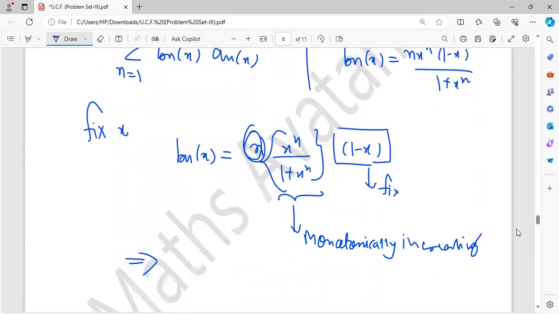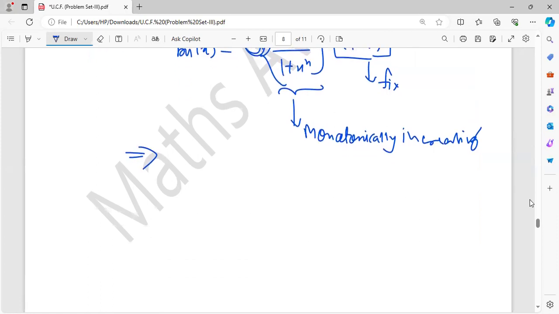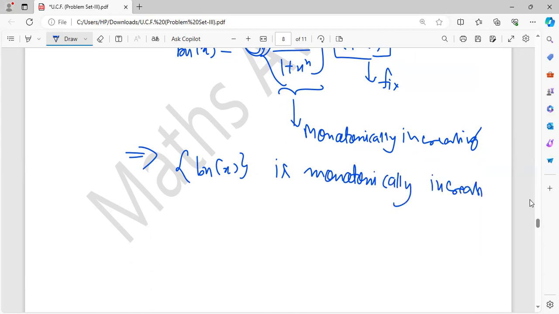So this whole is monotonically increasing. So this implies bn(x) is monotonically increasing.